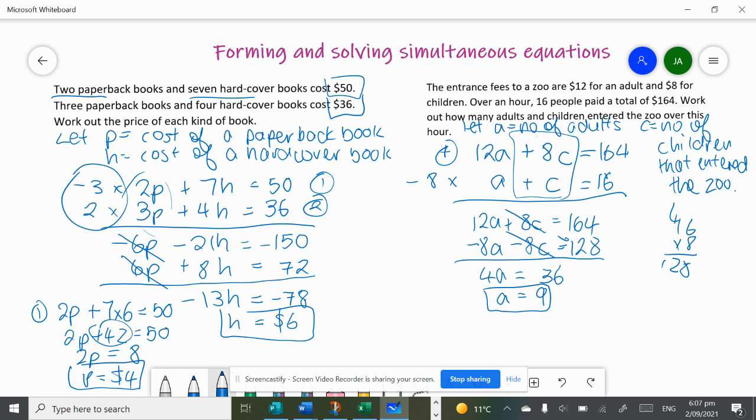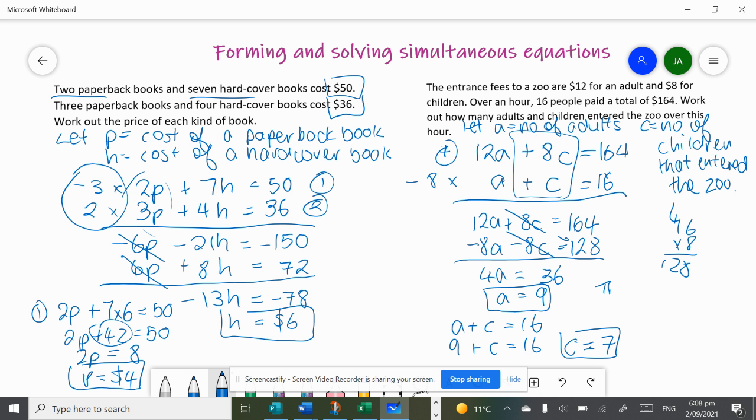Now we know that there were 16 people altogether because A plus C equals 16. We know A is 9, so C is going to be 16 minus 9. So C equals 7. You should be writing a sentence too.